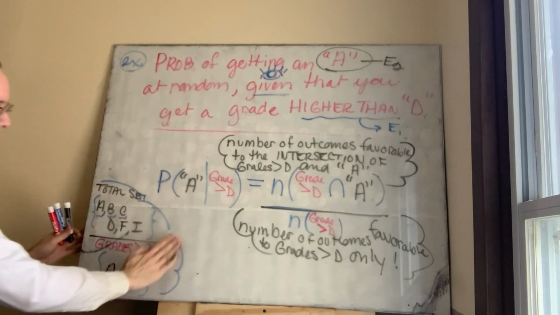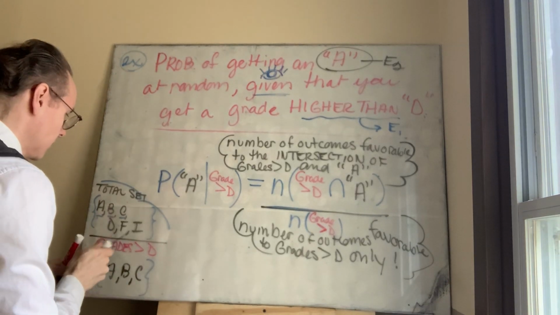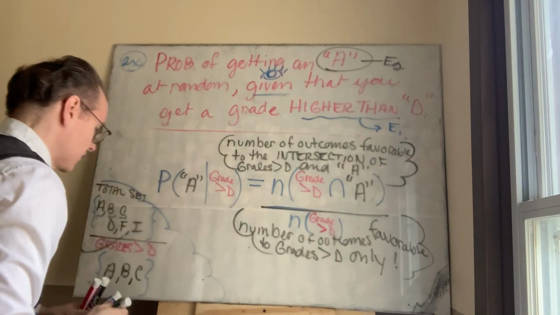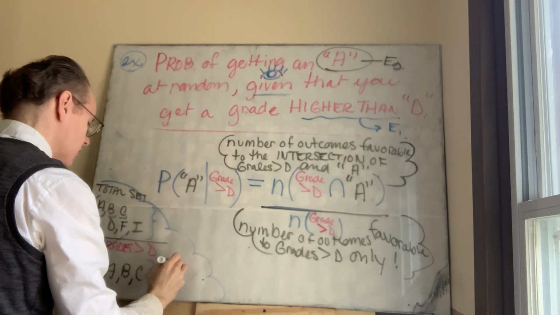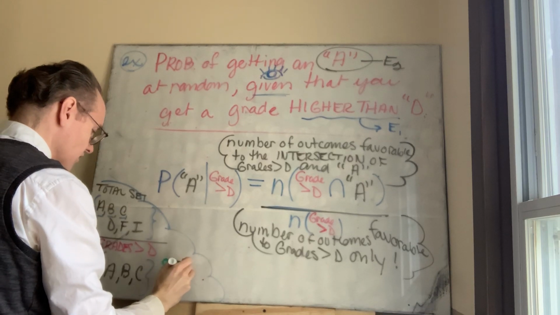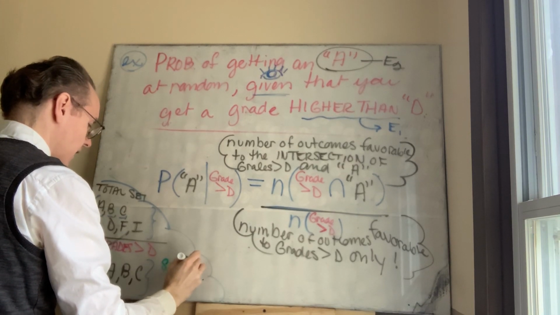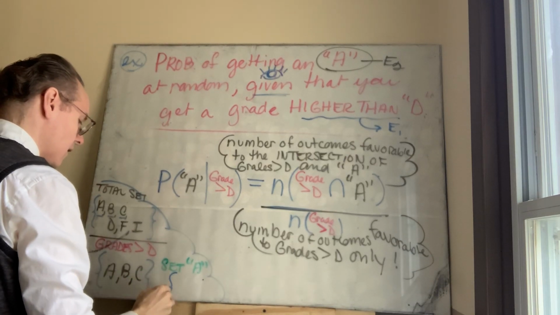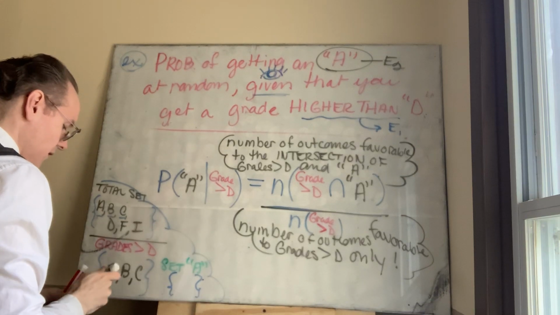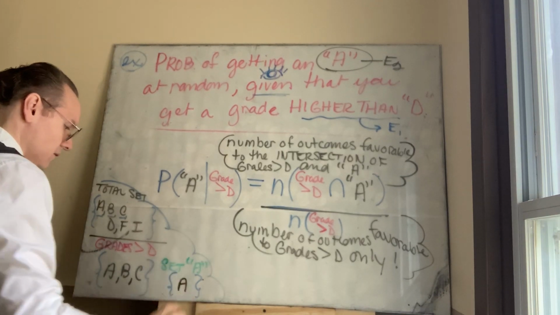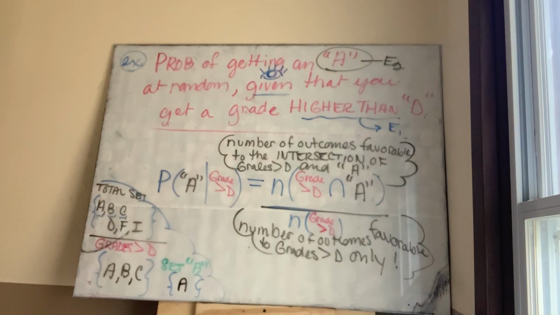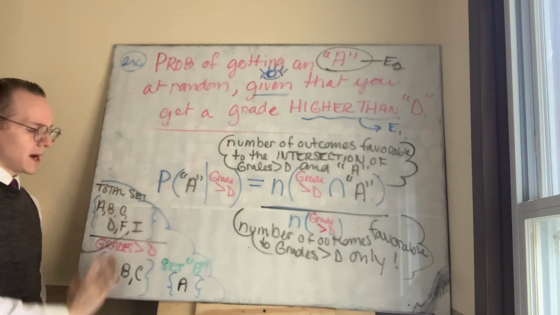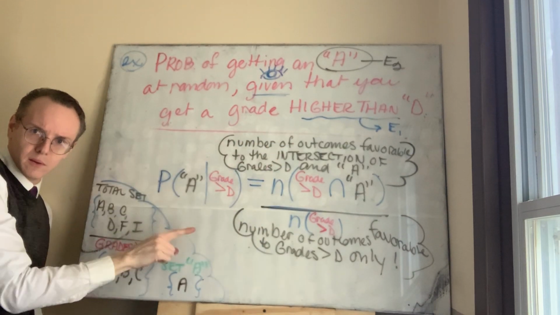And then lastly, if you wanted to, you can have a third set, which would probably seem pretty silly, the set of grades that are A. Well, there's only one grade in that case, and that is A. Nothing else. Anyhow, taking the time to illustrate that might help us decide what the numbers are here.